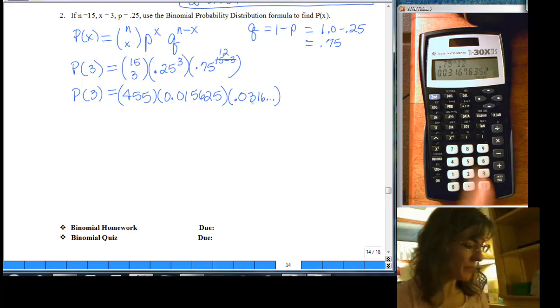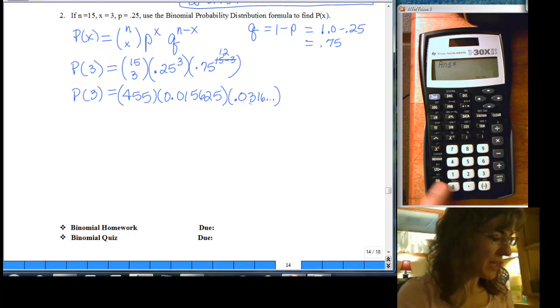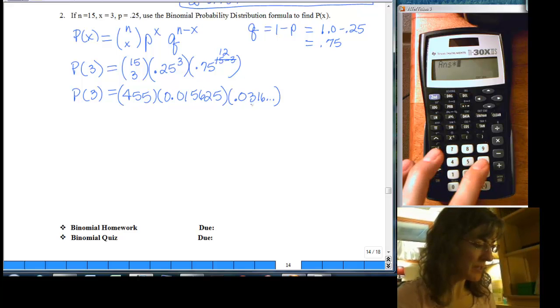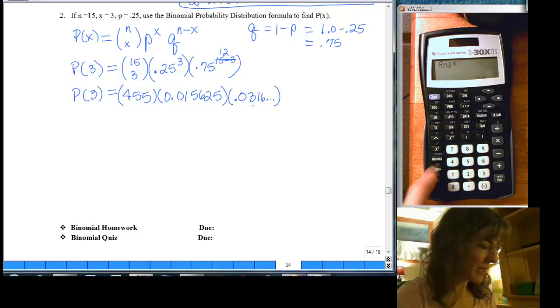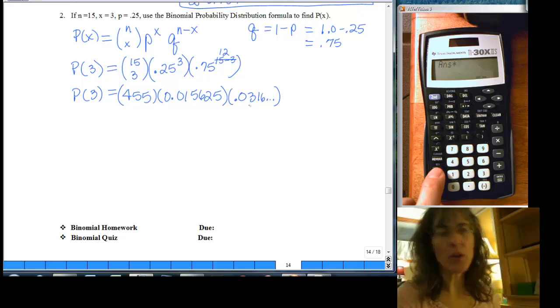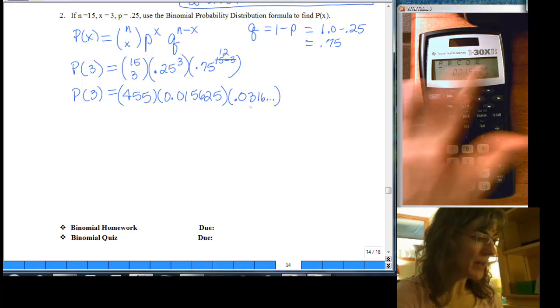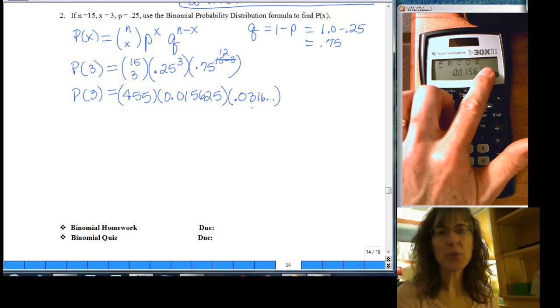So a long number, and then multiplied by, I can type in the 0.0156625 if I want, or I can recall because I stored this one. Right above the store button you can see the recall button, and so I do second store and it gives me recall, lets me pick which letter A through E I want to choose.